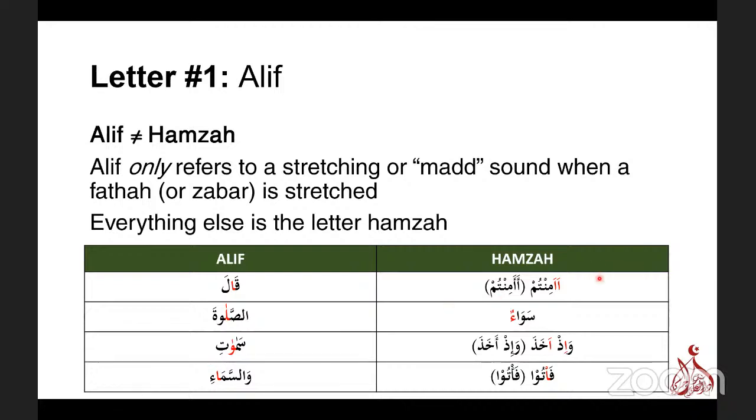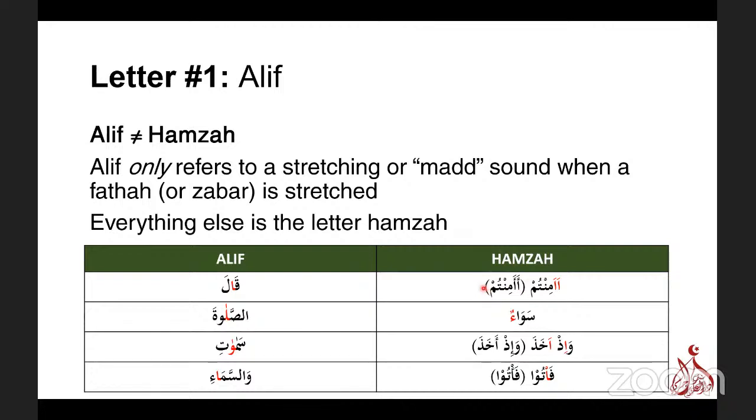What is not an alif? Amintum. Now we'll be thinking that, wait, isn't there an alif right at the beginning? No. The Arabs considered that a Hamza. That's why on the left side, I wrote it out how it would be if you actually read an Arabic book.